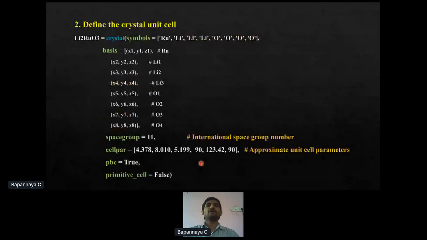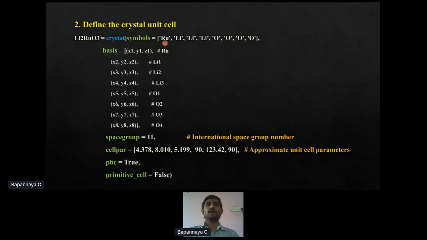And then one needs to define the unit cell of the crystal, and that was defined by using the crystal module. So my name of the unit cell goes as Li2RuO3, and the crystal module takes arguments. The first argument is symbols. Here we mention all the atoms, of course the symbols of the atoms which we use as the basis of the unit cell.